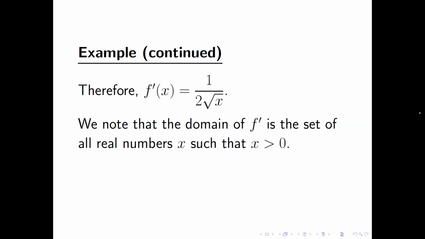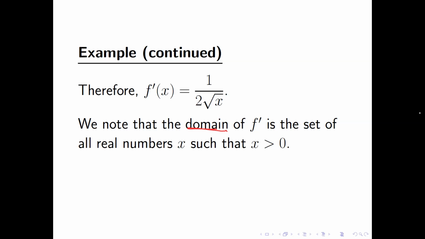And because the question was saying we must find the derivative, and after that, find the domain of this derivative. So we saw that the domain of that function is all the positive numbers, including 0.